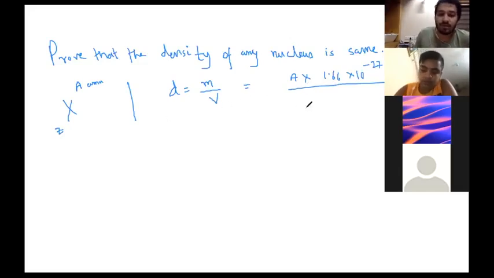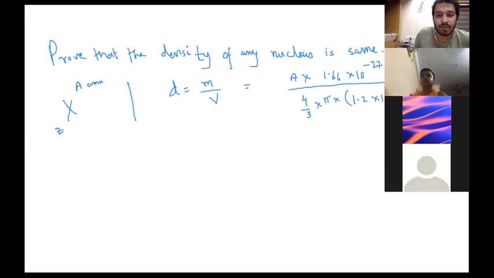Volume. Now, what will be the volume of a sphere? What is the formula? 4 by 3 pi r cube. So this will be 4 by 3 into pi into the radius cubed. Now radius we know is 1.2 into 10 to the power minus 15 into A to the power 1 by 3, whole cubed. So the A term will get cancelled.